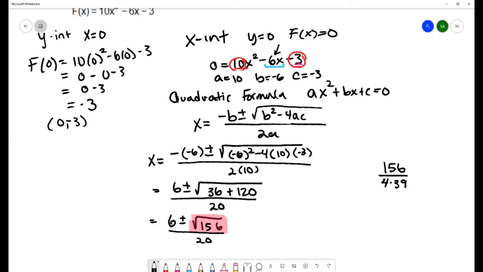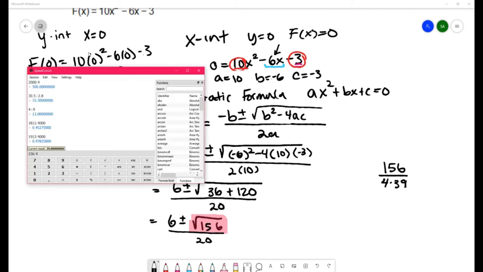What I would do next if 4 didn't work would be 9. So let me grab my calculator again. So I would have done 156 divided by 9. 156 divided by 9 doesn't work because it has decimal values. We wanted a whole number. And then I would do 16 next. 156 divided by 16.